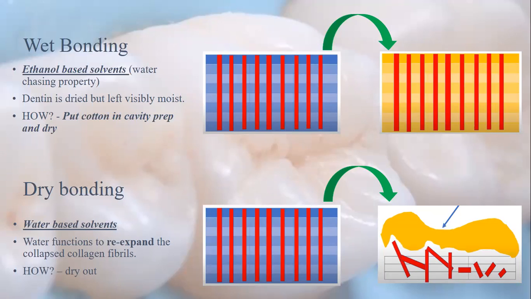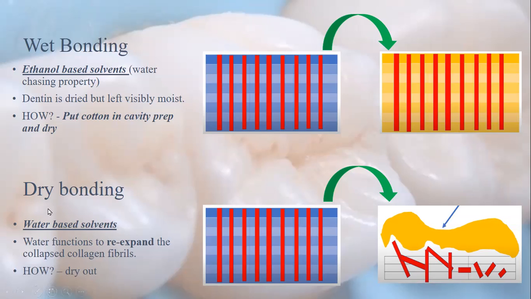when you dry the cavity preparation, the ethanol will function to chase out the excess moisture. When you chase out the excess moisture, the ethanol allows the resin in the bond to penetrate the spaces, and then you can continue with the restoration on top.